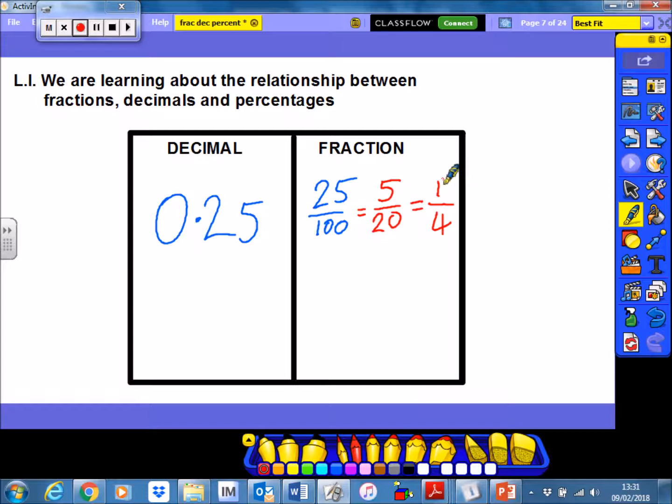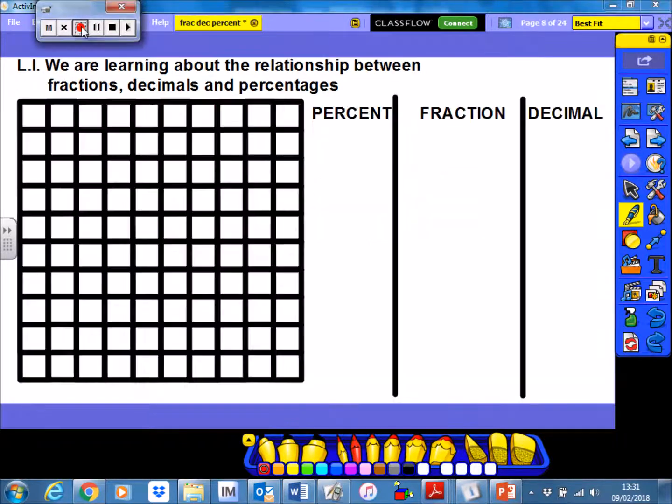So we're seeing how to convert decimals into fractions. So what about percentages? Well, percentages are just fancy fractions. A percentage is any fraction that is out of 100. So it is the same as 100.